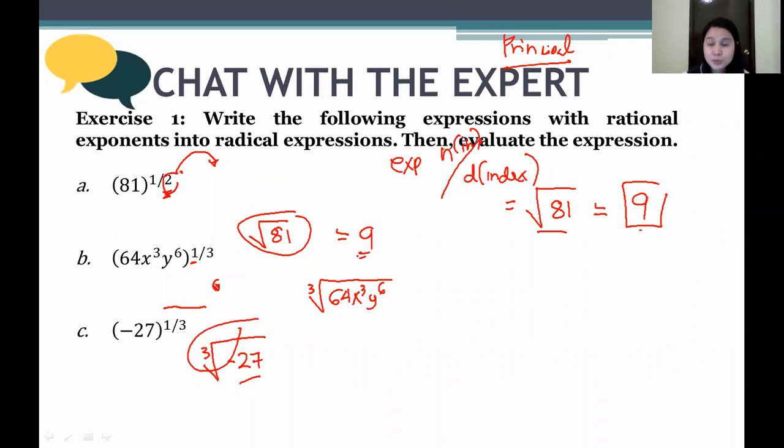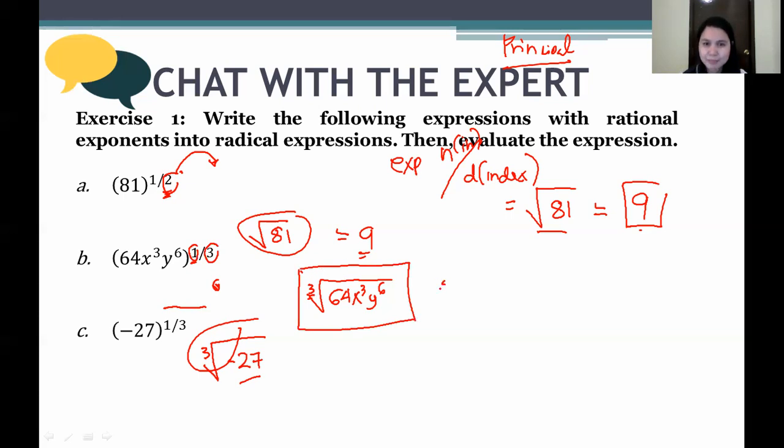Next, let's go to number 2. Like what Jared showed us, the numerator of the exponent is 1, so no need to write 1. While the denominator is 3, it goes to the index. This is how we rewrite it. Now, how do we simplify it?